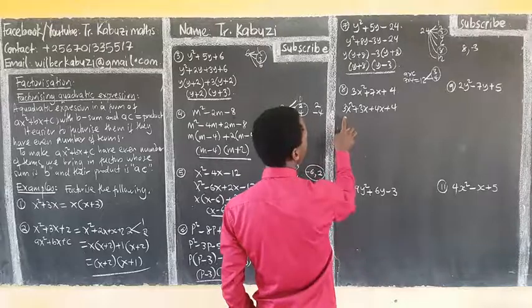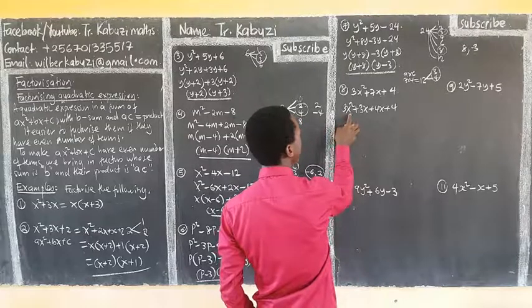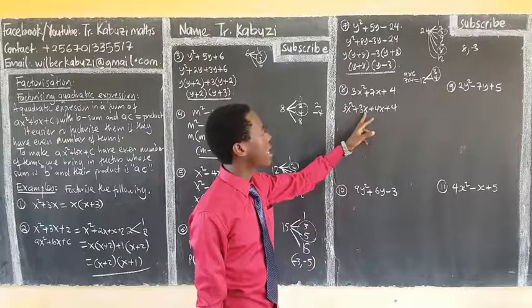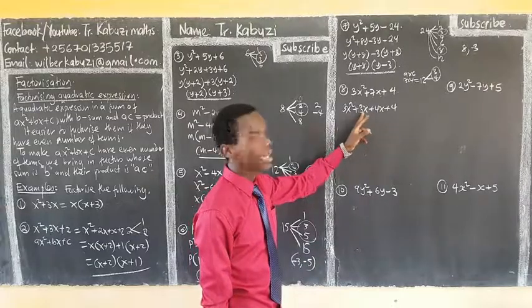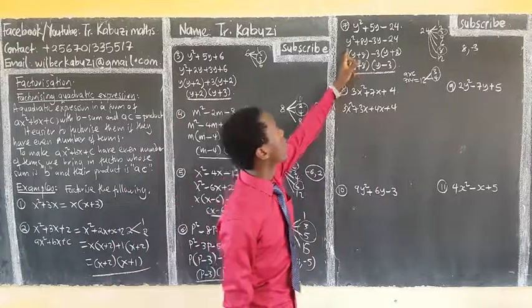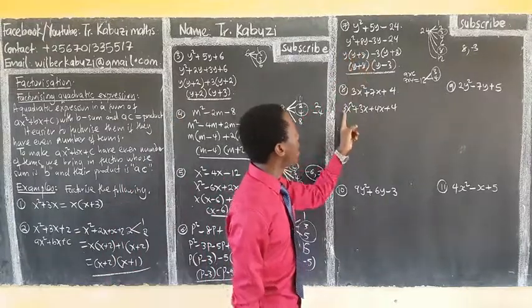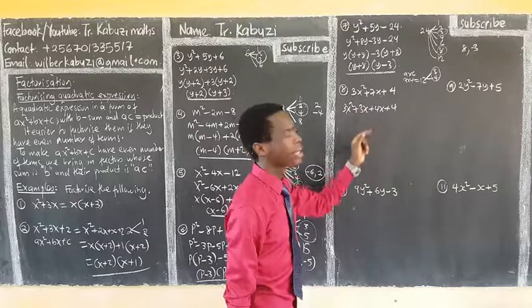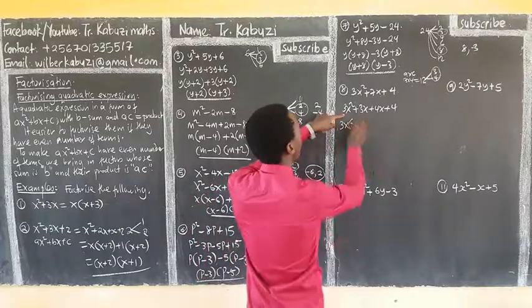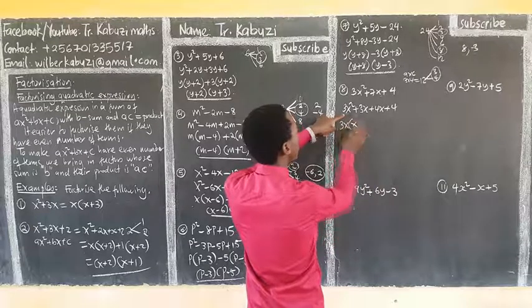What is common here? So now what is common is the 3x. You see that it has the 3, it has the 3, as x, it has x. So it means that 3x is common here. Here, what was common before was only y. But here, you have the 3, you have the 3, you have x, you have x. So, if I remove the 3x here I remain with the x. So I will multiply this and this, I go back to this.